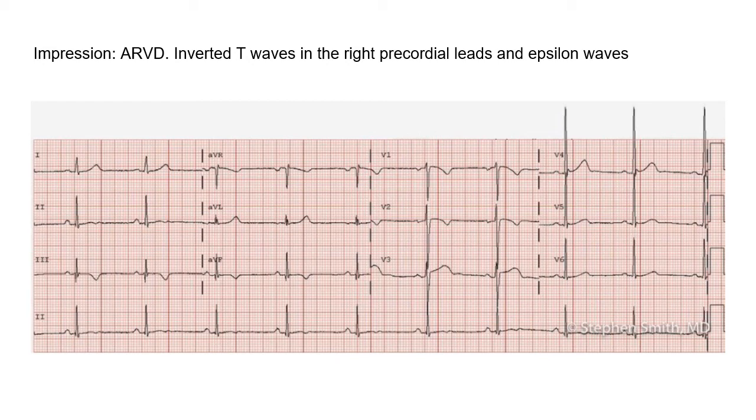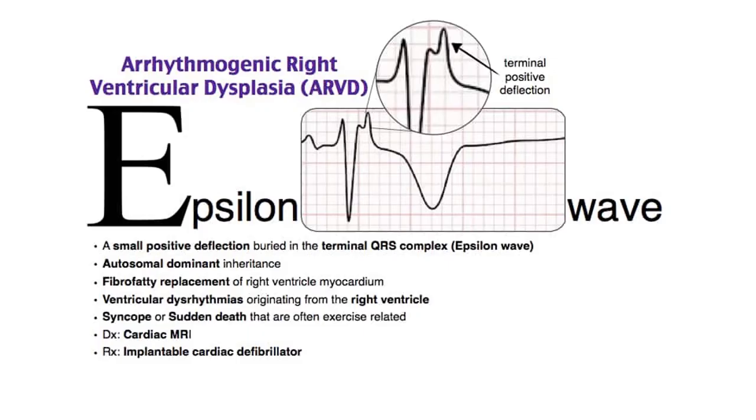What are epsilon waves? We'll talk about those. Okay. So this is an epsilon wave, a small positive deflection in the QRS complex. It's kind of a little upslope of the QRS complex.